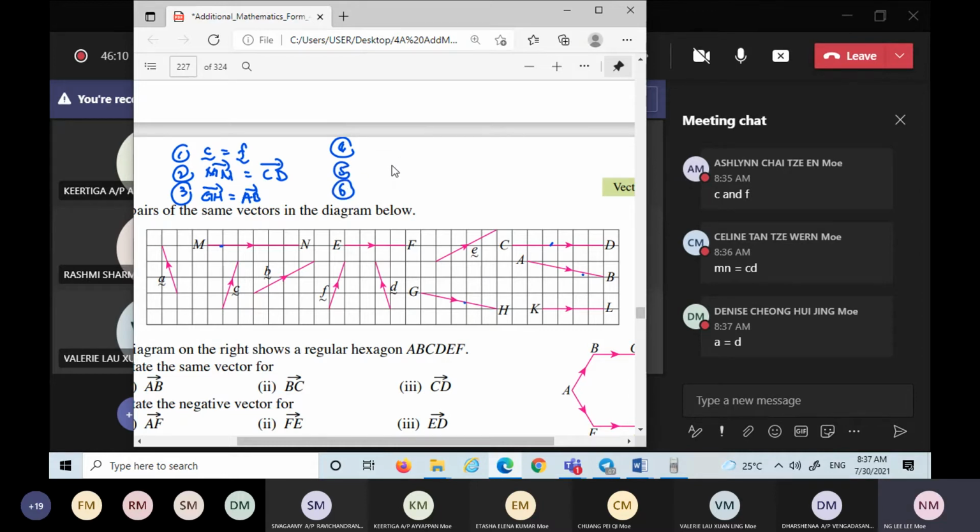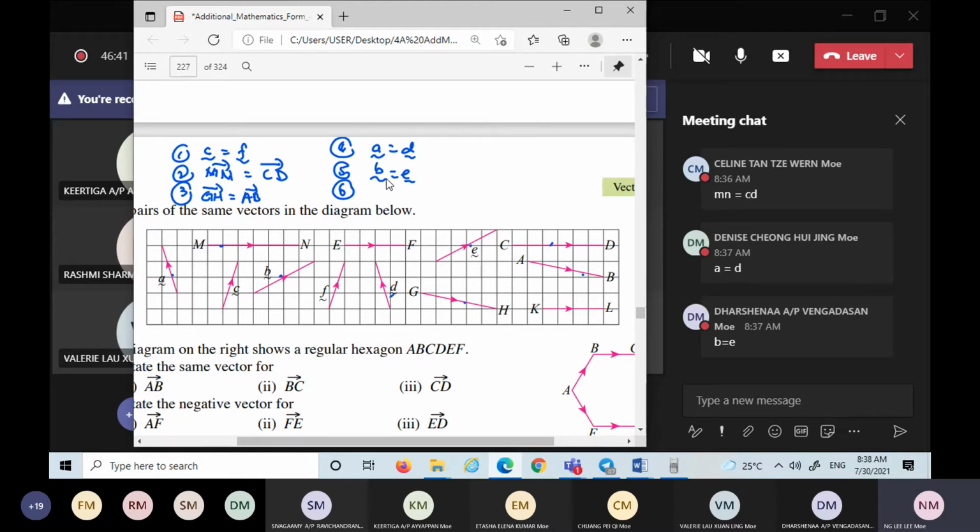So 3 more. Denise says A and D are the same. A is this one, D is this one. Good. Next, Dashina says that B and E are the same. B is this one, E is this one. Thank you.